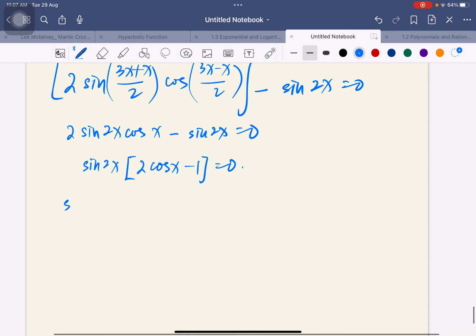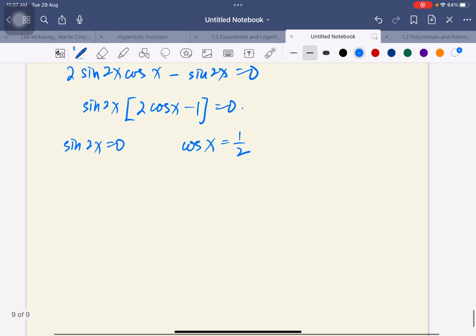So it's either sine 2x equals 0, or cos x equals 1 over 2. Sine 2x equals 0 means what?